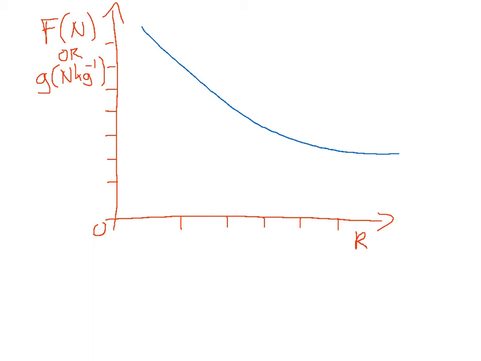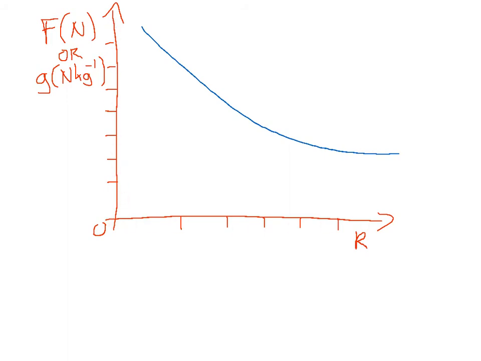Now, take note of the scale on the vertical axis. It will either be an axis of force, measured in newtons, or gravitational field strength, in newtons per kilogram. You need to be very careful with that. If it is a force axis, then what you have here is a force times distance graph, like a force extension graph.